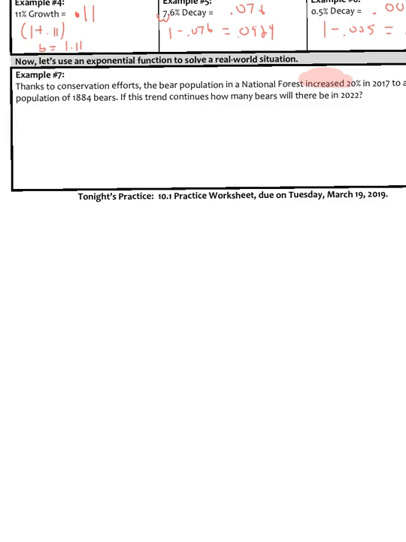The starting amount of the population for bears is 1884. Then our b value is going to be 1 plus that 20%, so 0.2. That equals 1.2.